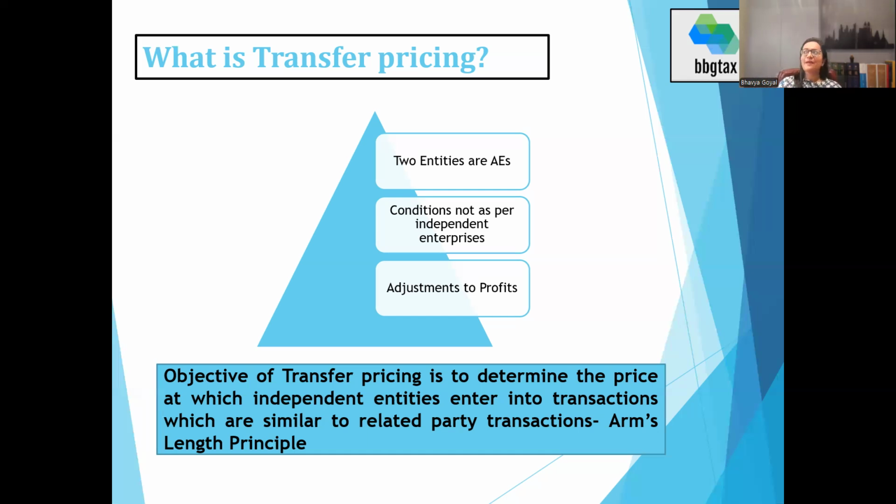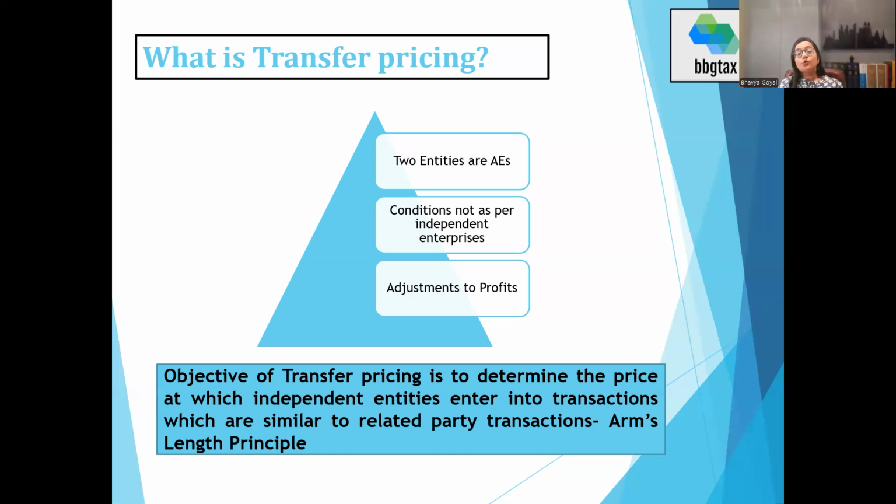Let me give you an example. Say there are two related entities, A and B Limited. A is in country A, B is in country B. Now A is selling 1 kg of apple to B Limited at say 100 rupees or 100 US dollars per kg.